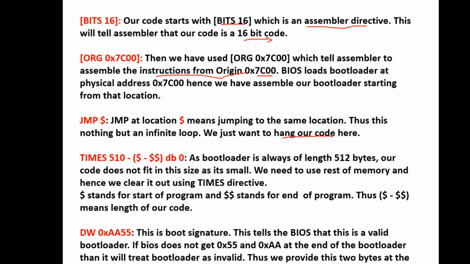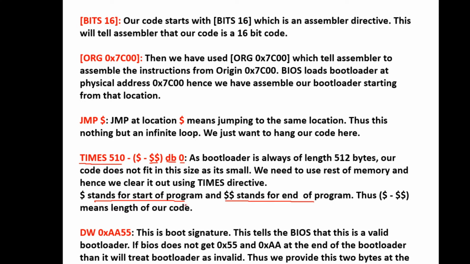Then we have the next instruction: times 510 minus dollar minus double dollar, DB, where DB is your data byte and 0 is the value we are going to dump. This dollar minus double dollar gives the difference between the start of the program and the end of the program.